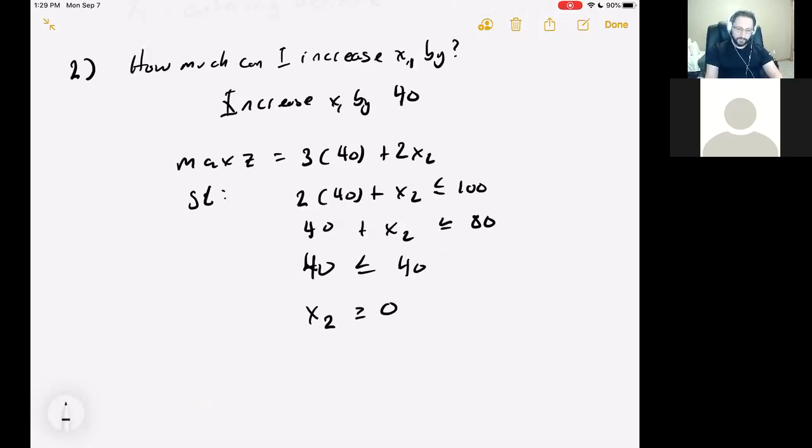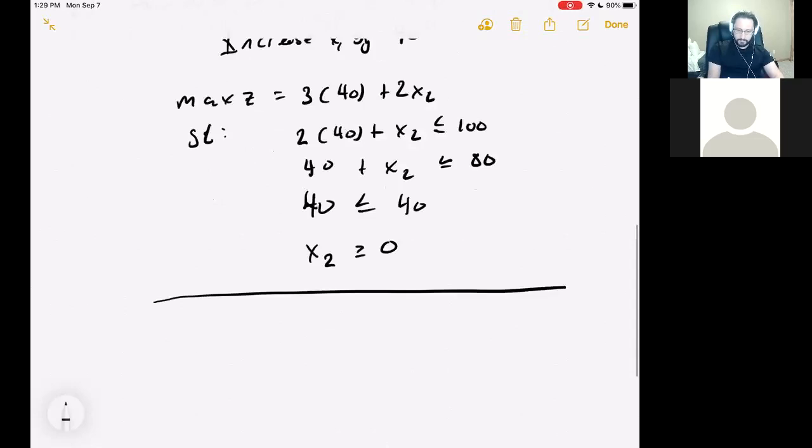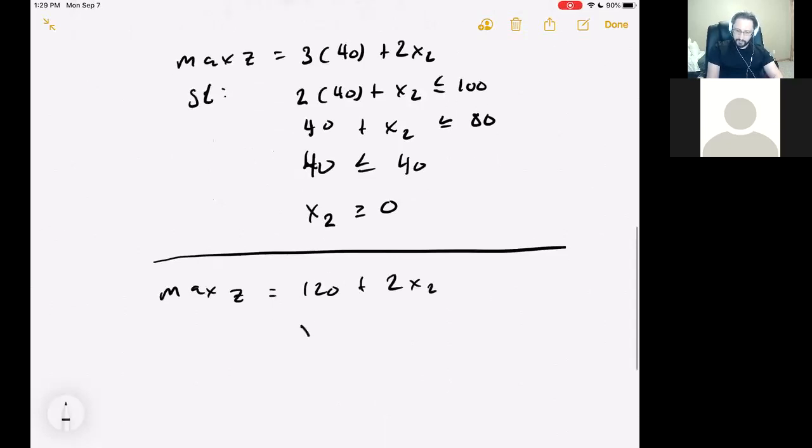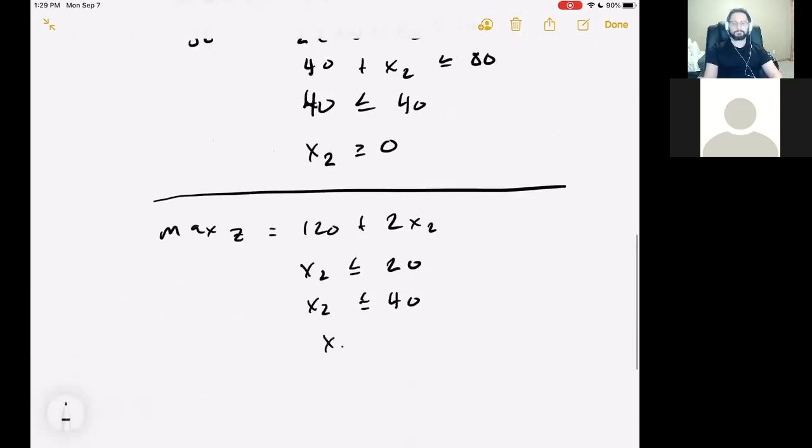Let me simplify this expression a little bit. Simplifying, I get maximize z equal to 120 plus 2x2, x2 less than or equal to 20, x2 less than or equal to 40, and x2 greater than or equal to 0.